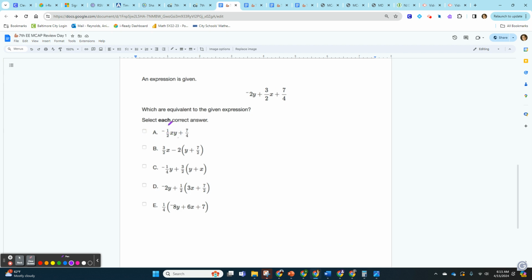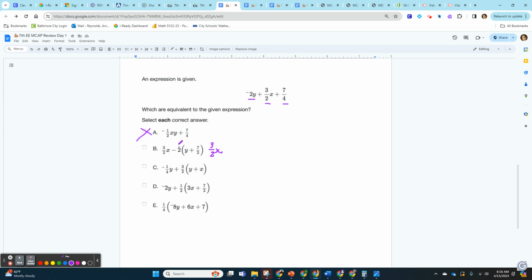So first here, we can't combine any of these, right? They're all different terms. So I'm going to have answers down here that have a y, an x, and a constant term. So this cannot possibly be right. Here I have my 3/2 x.